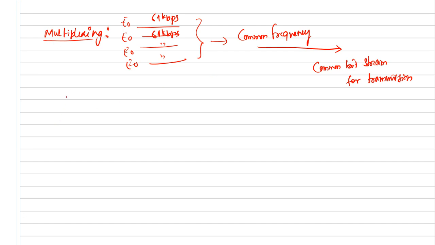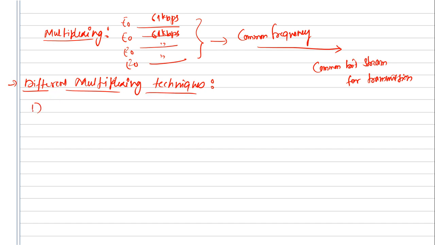Now we have to know what are the different ways multiplexing can be done. Okay, so different multiplexing techniques. In these different multiplexing techniques, we have three methods.